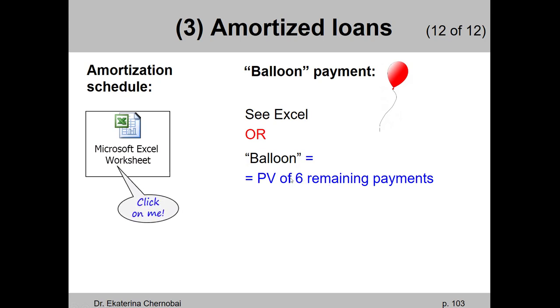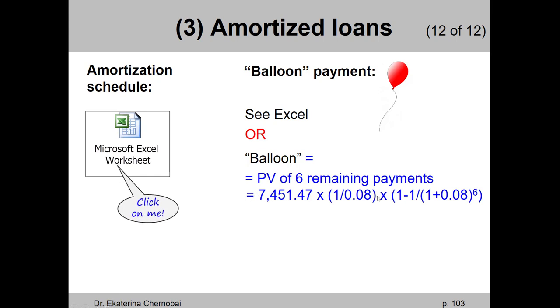We need to add them up, but in a correct way. The way we do it in finance, we find their combined present value, right? We discount all of them back to the end of year 4 and then add up the 6 individual present values.